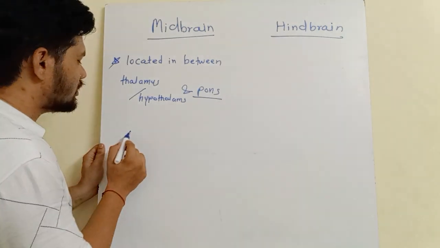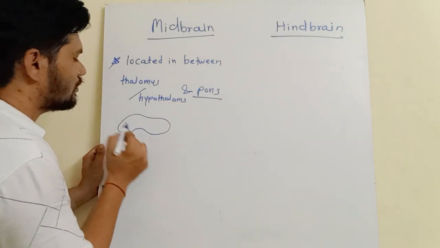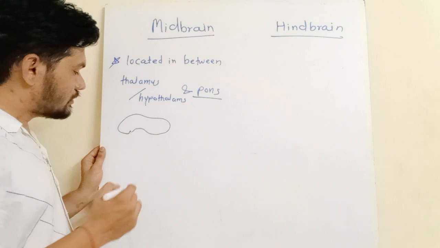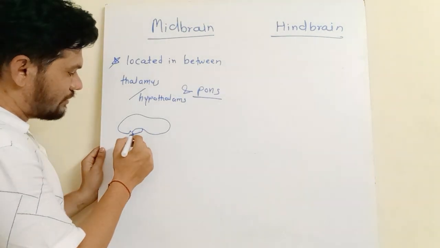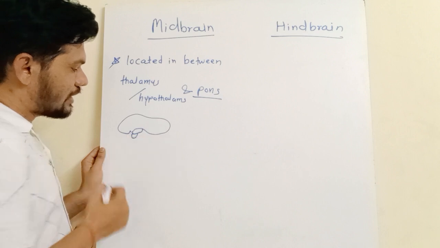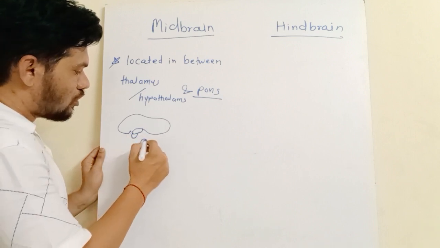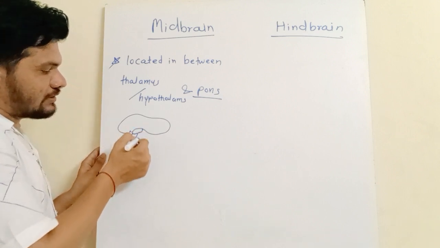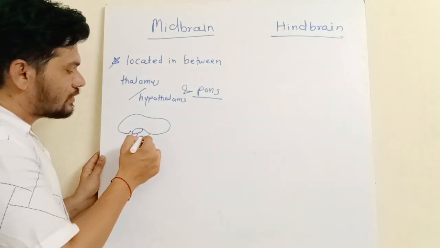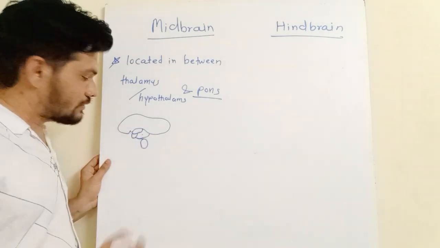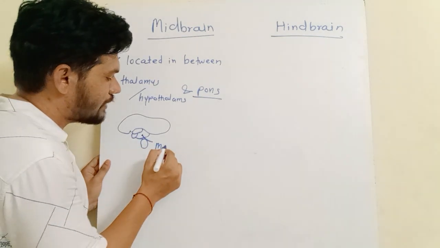So suppose this is your forebrain, then under it you will see the thalamus. Here this is hypothalamus, this is pons, and in between pons and thalamus, here somewhere your midbrain will be located. So this is midbrain.